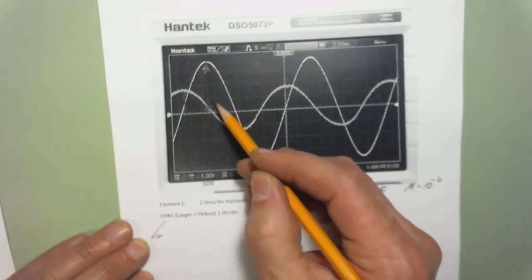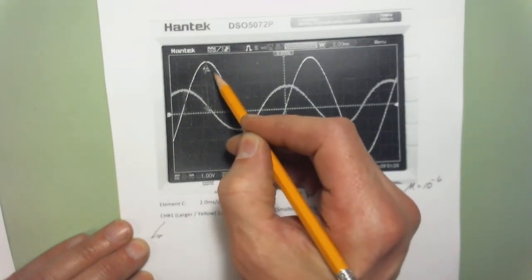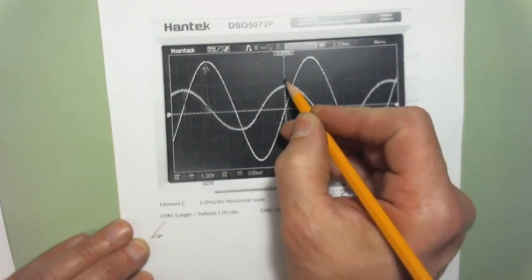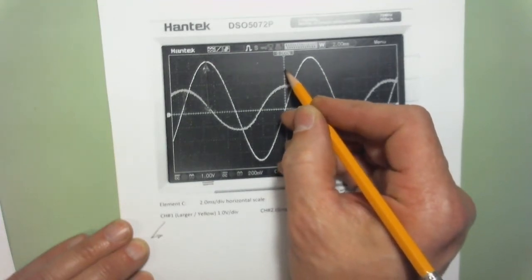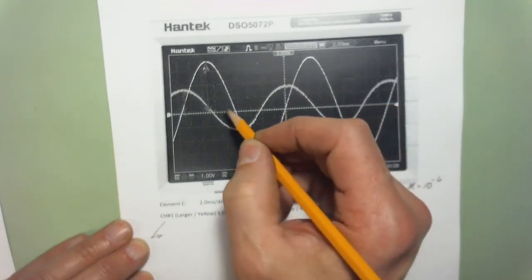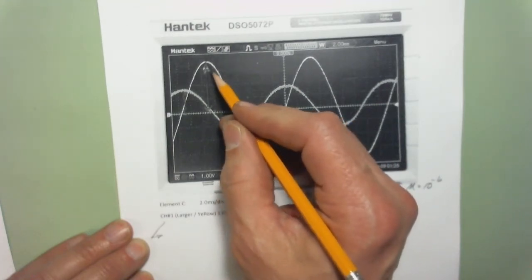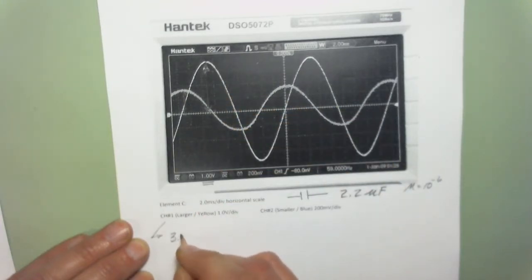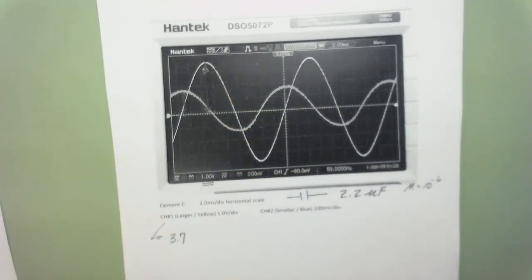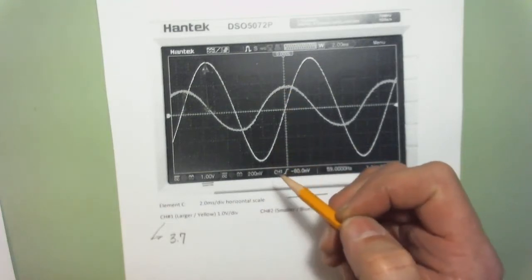So I'm going to have 1 division, 2 divisions, 3 divisions, and then if I start looking at these individual little tick marks, there's 2, 4, 6, 8, 10. So I get 0.2 for each one. So 1, 2, 3. It looks like about 3.7, right? And if you came up with 3.6 or 3.8, that's fine. This one is a little harder because there's some noise and whatnot.